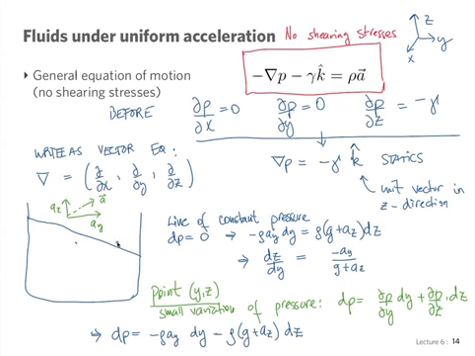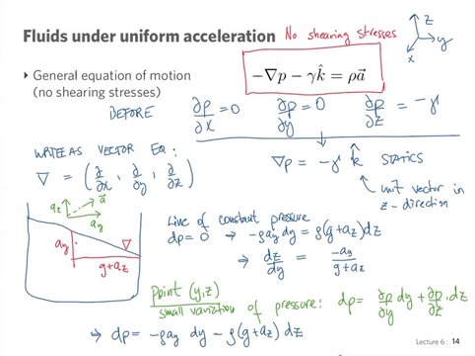This is the slanted line of the surface. The surface of the fluid is at constant pressure. This slanted line has a slope given by a_y over g plus a_z. So this is the inclination of that surface, which depends only on the acceleration.